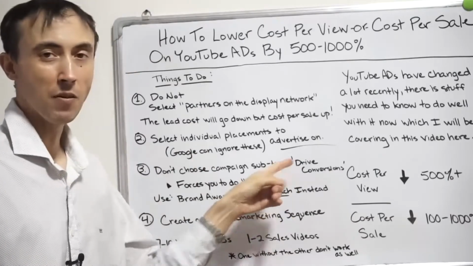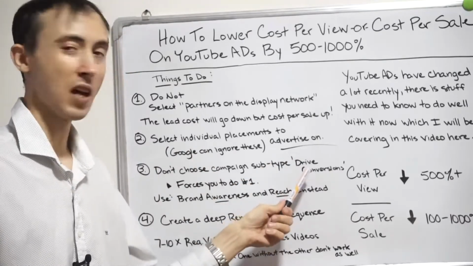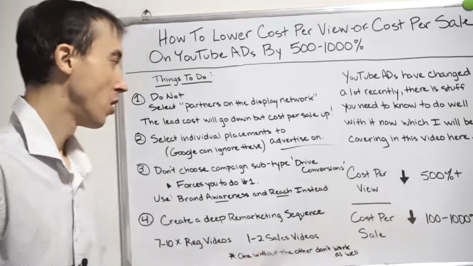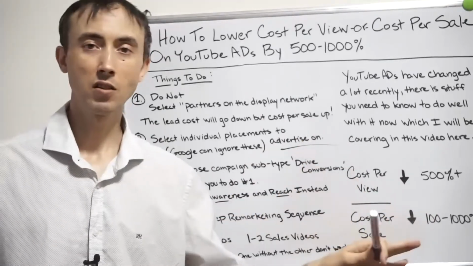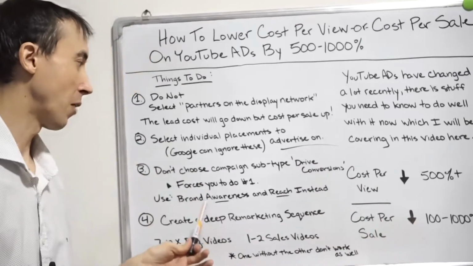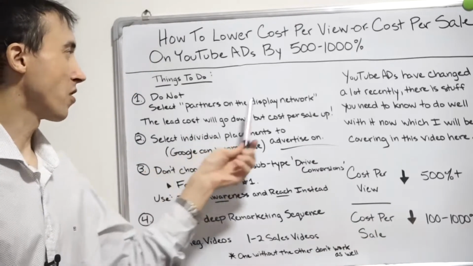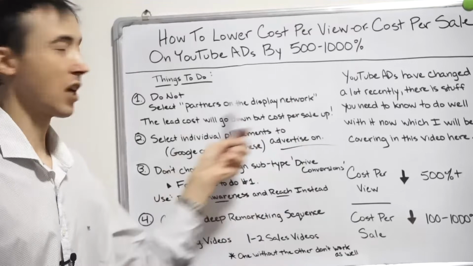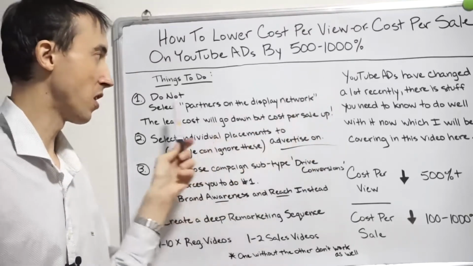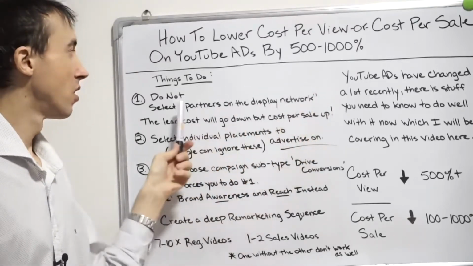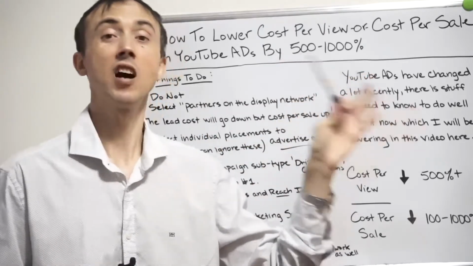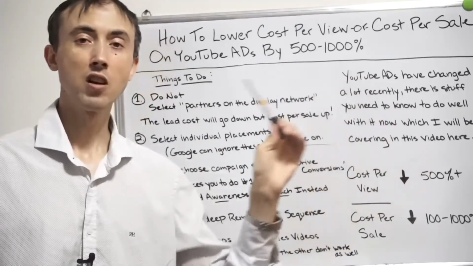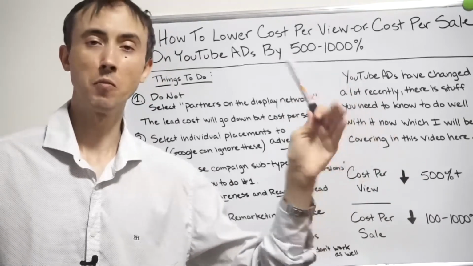If you choose drive conversions as your YouTube campaign subtype, you will find after that campaign is set up, when you click on the settings menu for that campaign, partners on the display network, the same checkbox and the same option that I told you you don't want, will be checked, and it's unremovable basically.